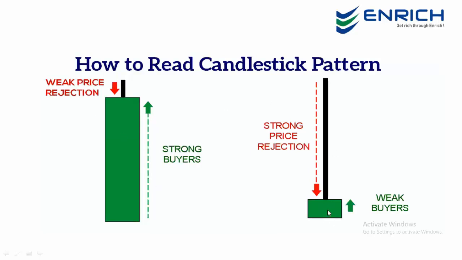The body is small, which means the buying control is quite weak. And you can see that the wick is pretty big. This shows a strong price rejection. So whenever you see a long wick, you can understand that there has been a strong price rejection either by the buyers or by the sellers.